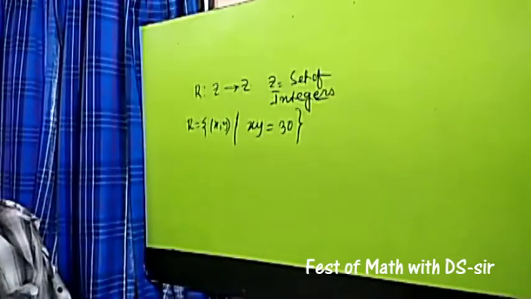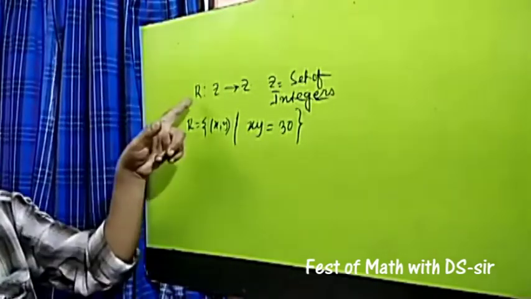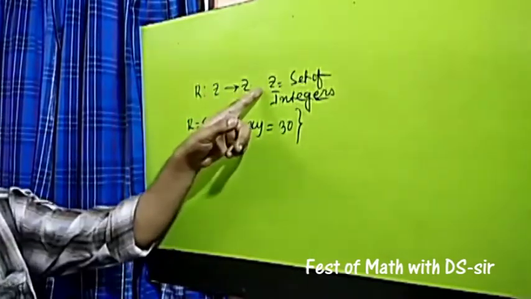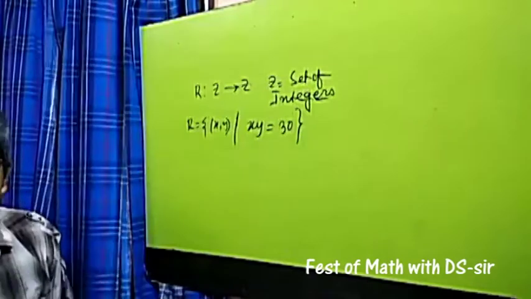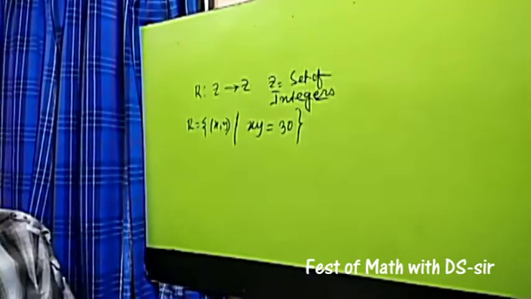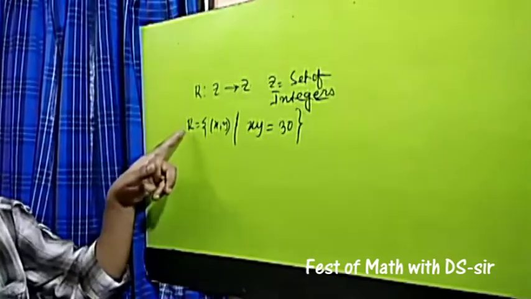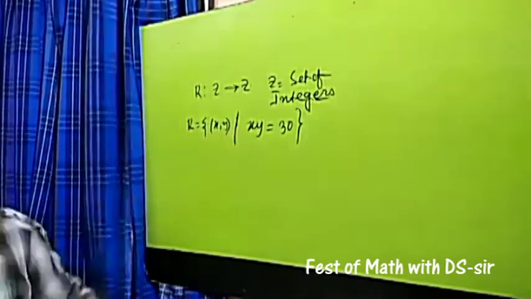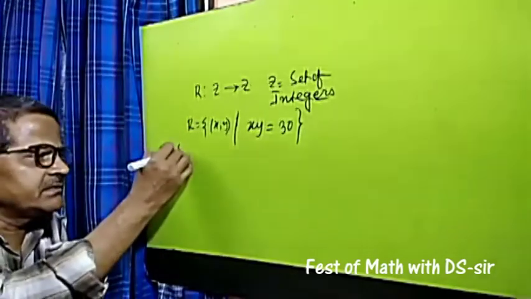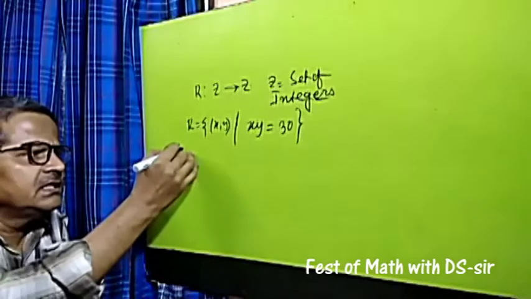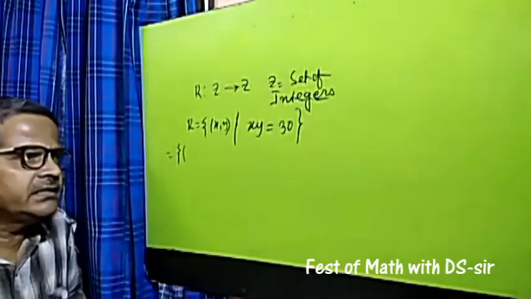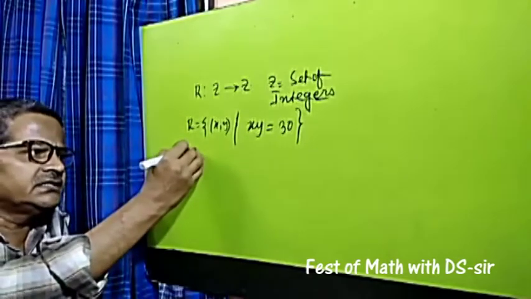Now see the next example. A relation R is defined from Z to Z, and Z is the set of integers. That is, it contains positive as well as negative integers. R is the set of (x, y) where x into y is 30. Now what will be the members of this? If we consider x as 1, then y is 30, so (1, 30).